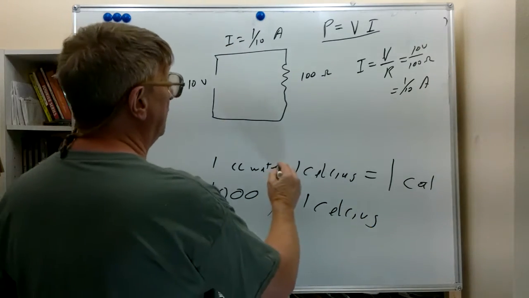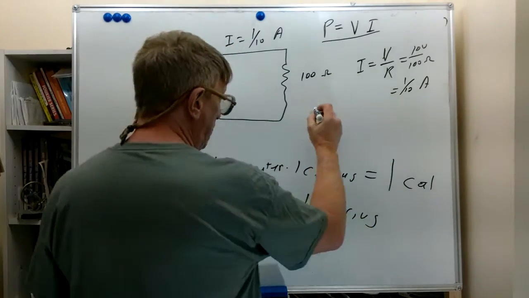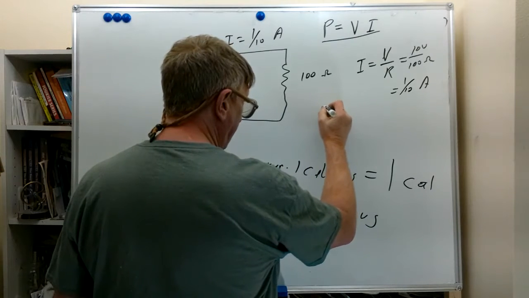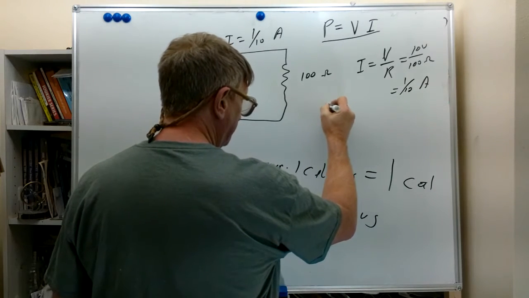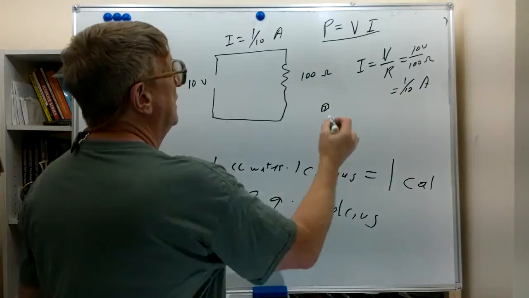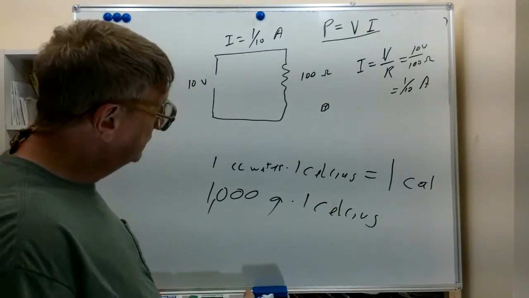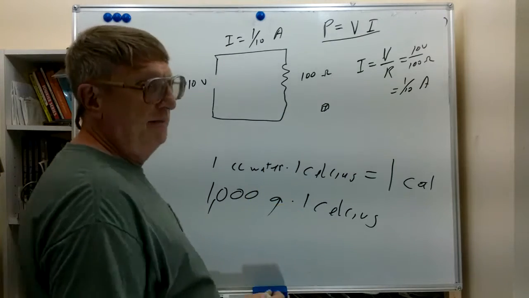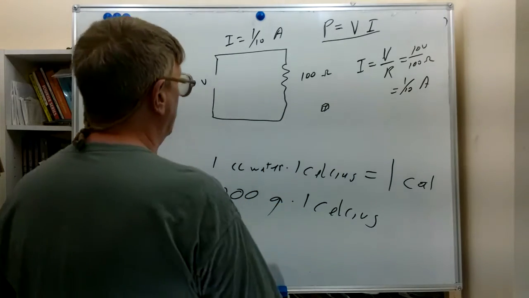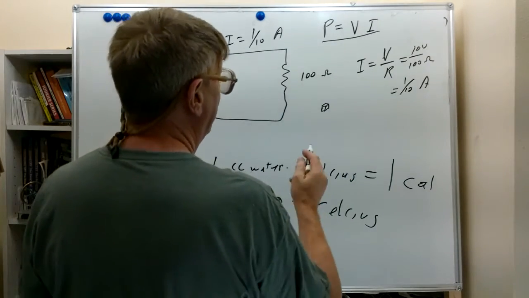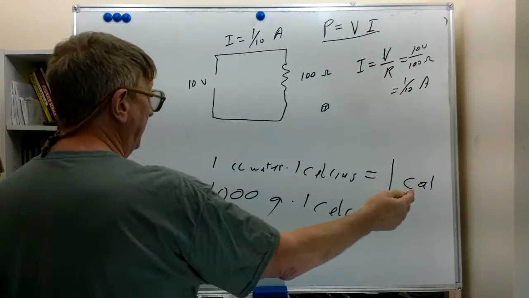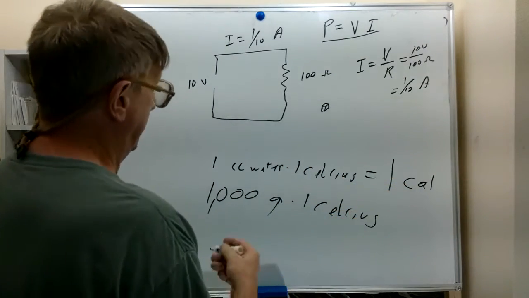But 1 cc of water, which is a little cube the size of a centimeter on each side, a little tiny block, a little bit smaller than probably a typical dice. If you have enough heat to raise that 1 degree Celsius, that's 1 calorie.